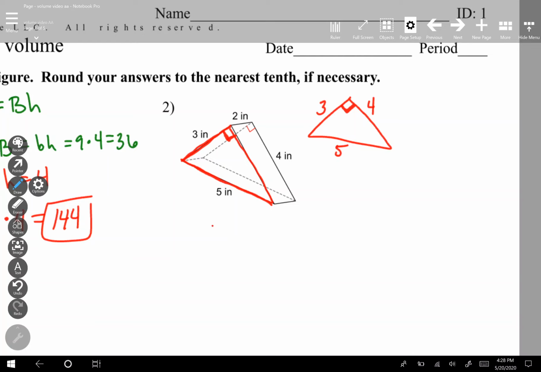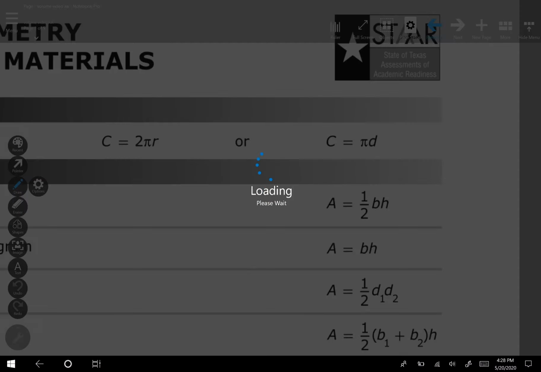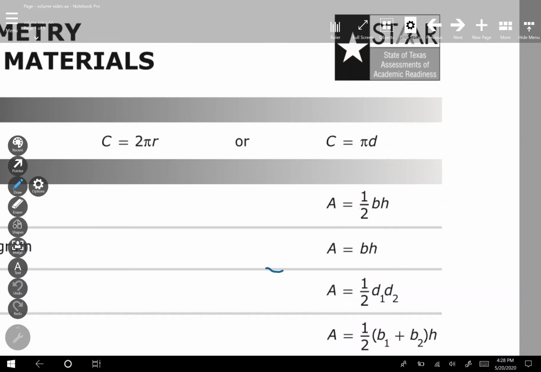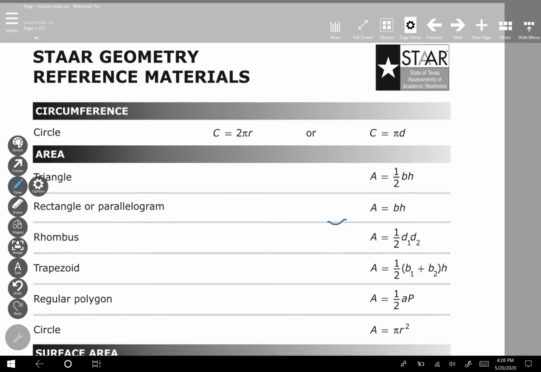Now, again, for the volume, it's going to be area of the base times the height. Okay? I'm talking about the area of this triangle right now. Okay? So for big B, well, if you go back to look at our formula chart, you find the formula for the area of a triangle.